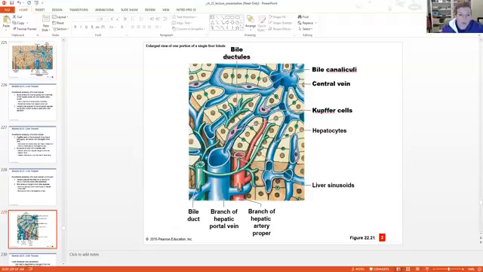And all of those bile canaliculi are collecting into the ductules, which drain into the bile duct. So the flow of blood is from outside to inside. The flow of bile is from inside to outside. The bile is going into the ducts, and the ducts are going to fuse into the common bile duct.